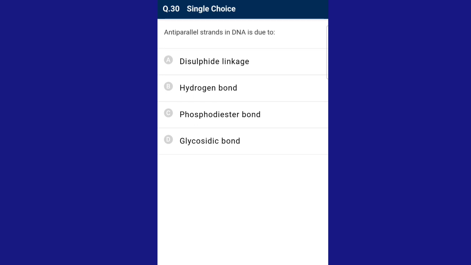The DNA chains are arranged in such a way that you can never have two 5 prime or 3 prime ends at one end. So this arrangement is called anti-parallel because the strands run in opposite directions to each other. Answer is option B, hydrogen bond. Anti-parallel strands in DNA are due to hydrogen bonds.